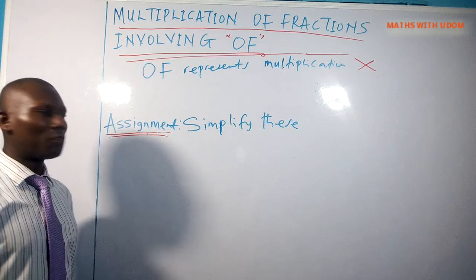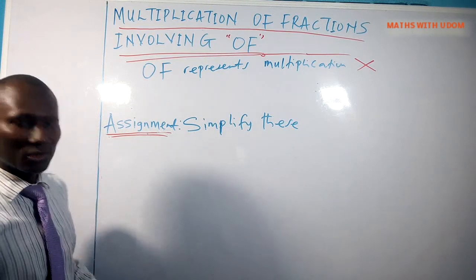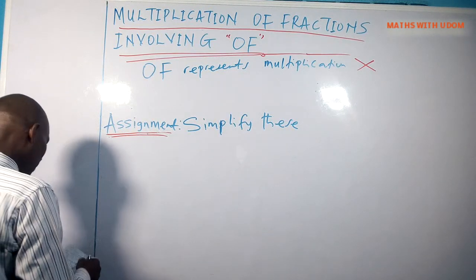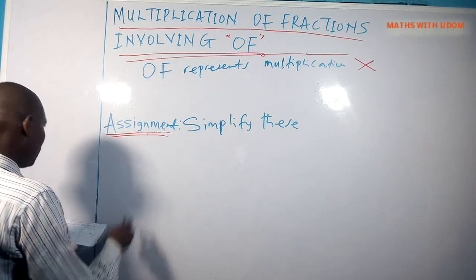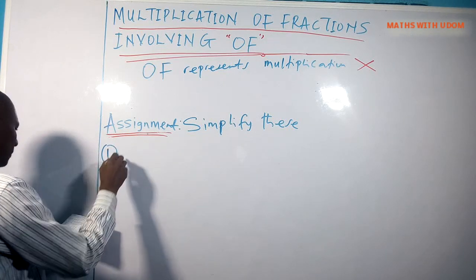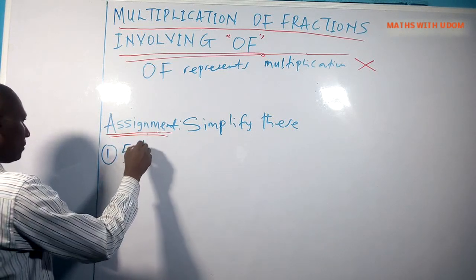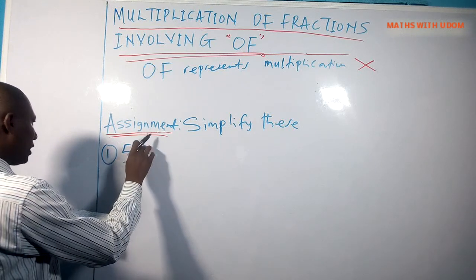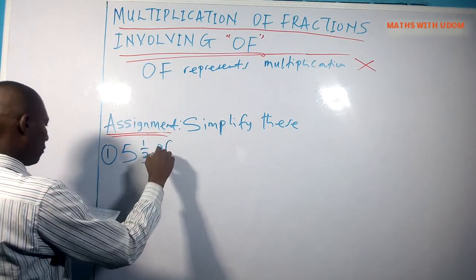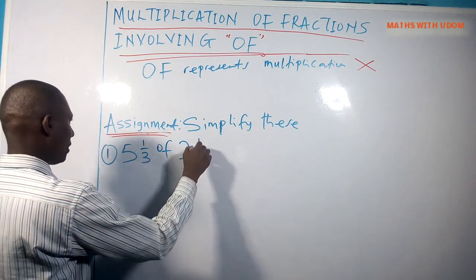Simplify the following fraction. And what are the fractions? Number 1, 5 whole number 1/3 of 2 whole number 1/4.